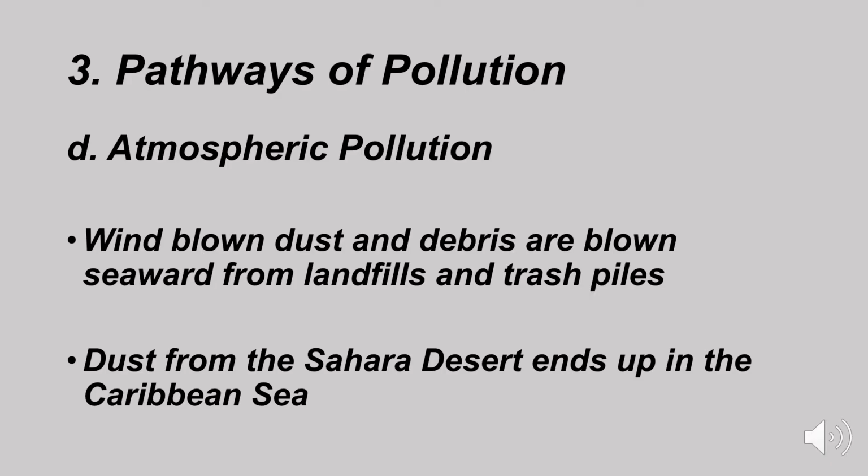Then another pathway of pollution is atmospheric pollution. Wind-blown dust and debris are blown seaward from landfills and from trash piles. One thing that we can see the impact of is that we know that in the Sahara Desert there are massive dust storms, and a lot of that dust ends up in the Caribbean Sea.